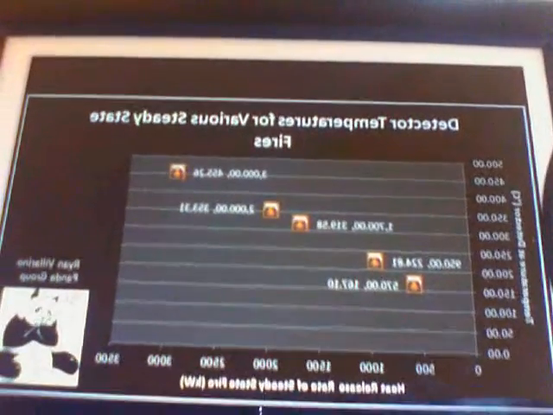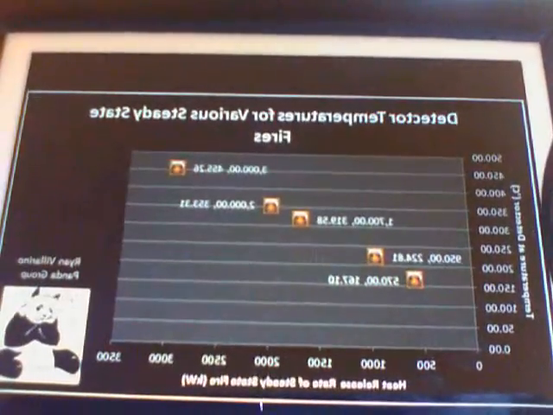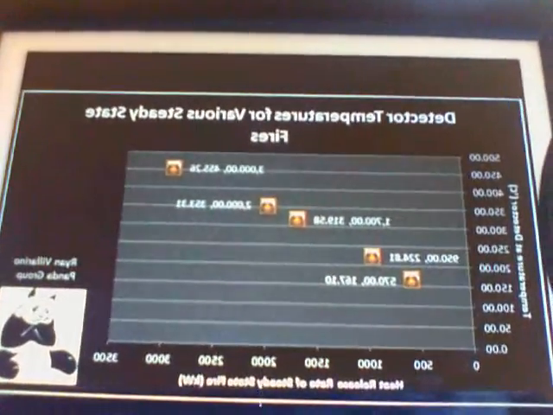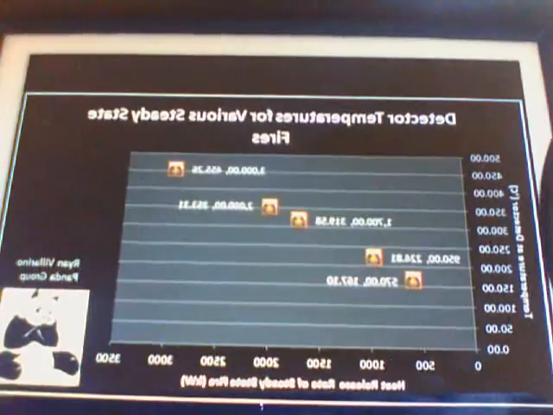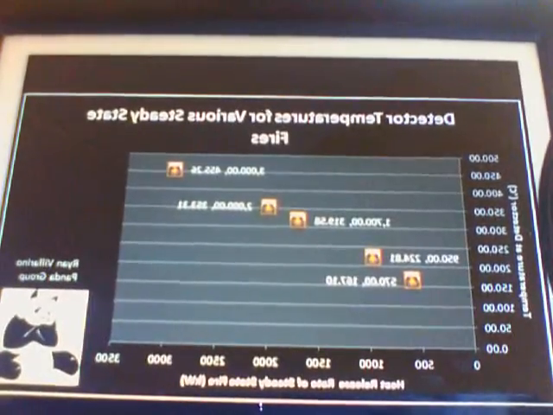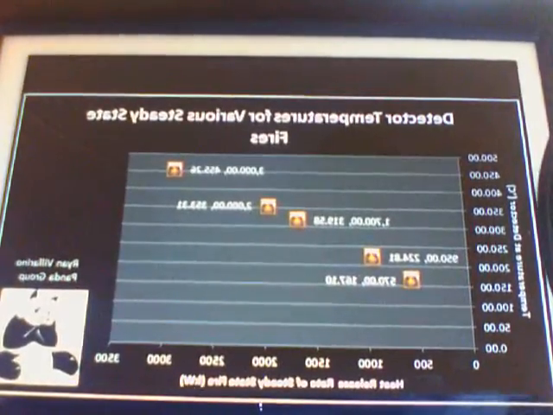again as best possible. So this is the graph that was produced, a scatter plot anyways, which basically you can see the temperature is on the left hand side there with the corresponding heat release rates at the bottom. You see 5 different numbers there, and those all increase proportionately to the size of the heat release rate of the fire, which again is to be expected.